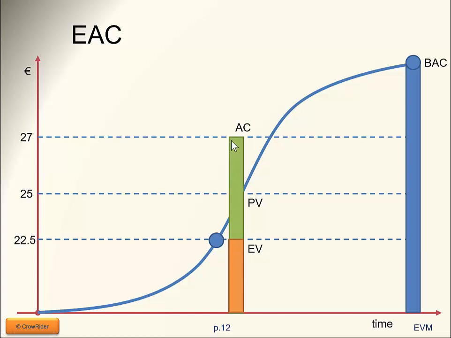So now I need to ask myself the question, can I fix the root cause behind this deviation, or can I not fix it? This is the first most important question. So let's assume that we decide that yes, we can fix the root cause behind the deviation.